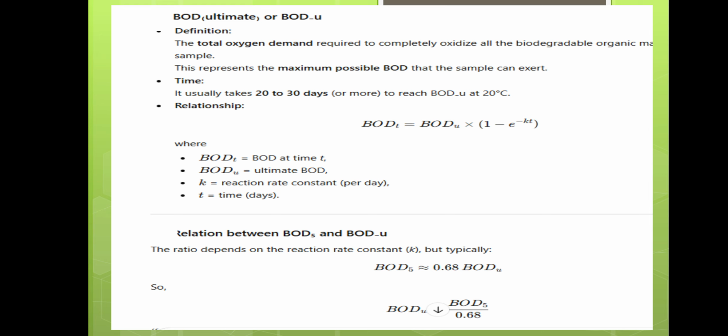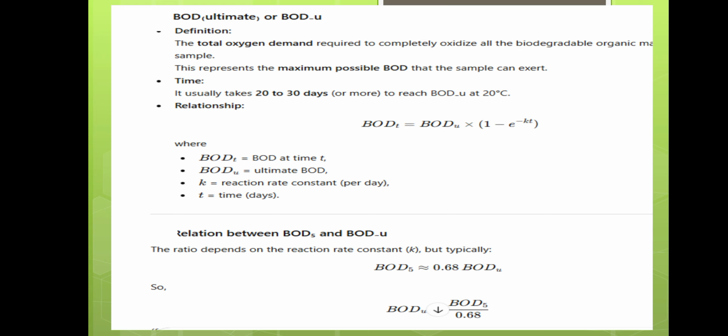In case of BOD20, which can be represented as BOD ultimate, BODT or BODU, it represents that in 20 days, the total organic compound will get decomposed. So these two examples, BOD10 and BOD20, represent that here the ultimate time is 10 days or 20 days.